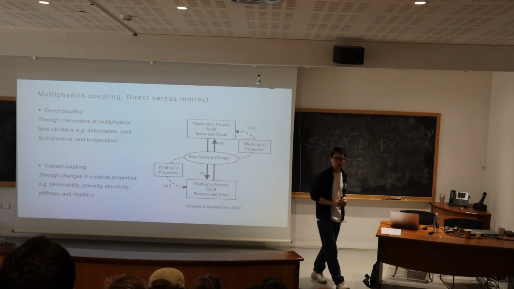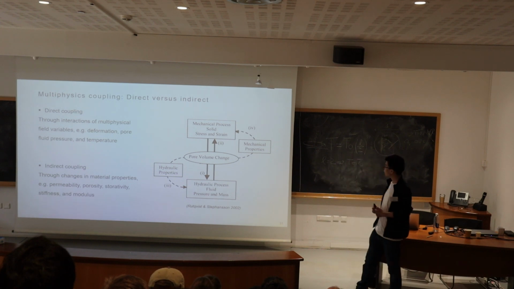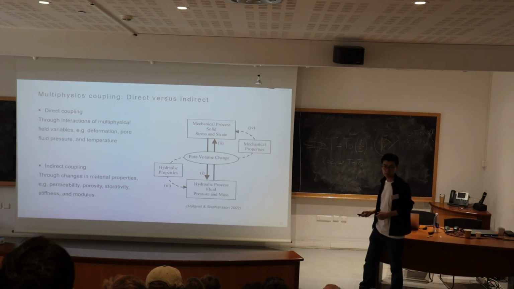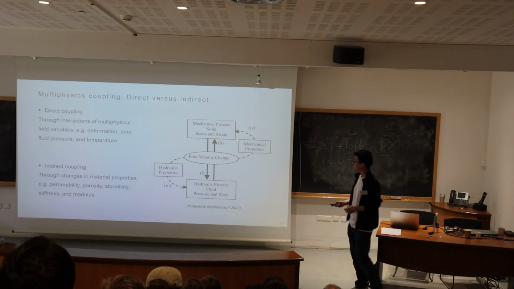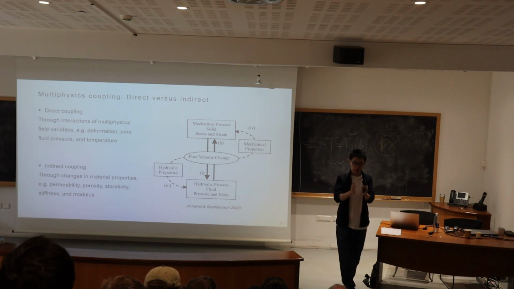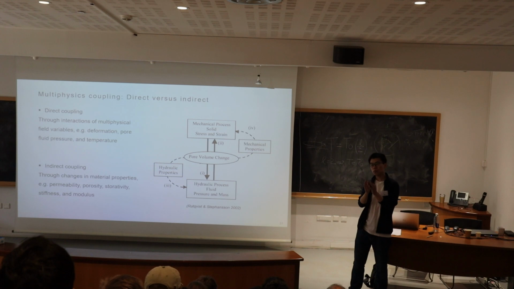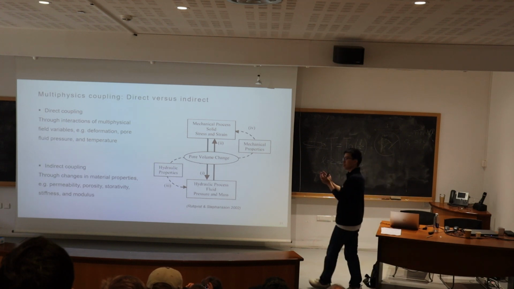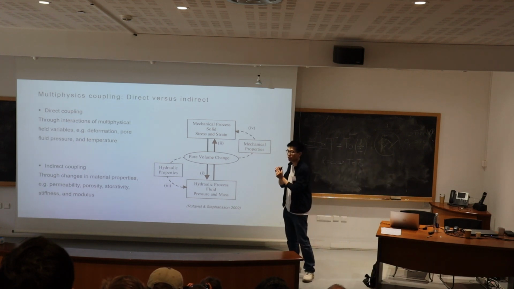Indirect coupling is different in the sense that the coupling is through the change in properties. For example, if you have mechanical deformation occurring and you open the fracture, your aperture would increase, and the aperture increase would cause the permeability change. So this is indirect coupling.